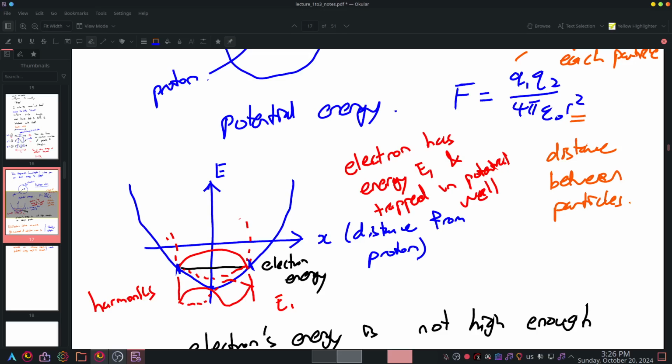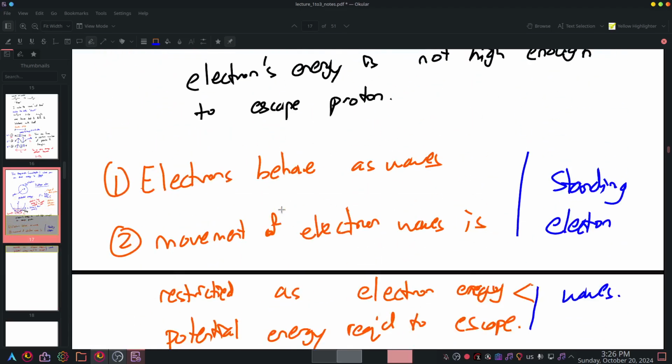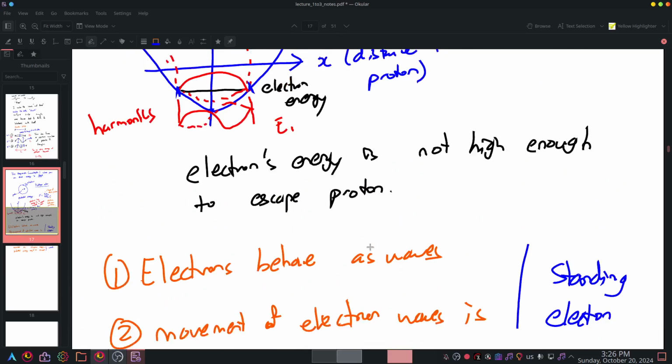It will become more important when we talk about alpha decay. We call that quantum tunneling, but I don't want to introduce too much at this point. I just want to give you the idea that this standing wave phenomenon is important because electrons behave as waves, and the movement of these waves is restricted.